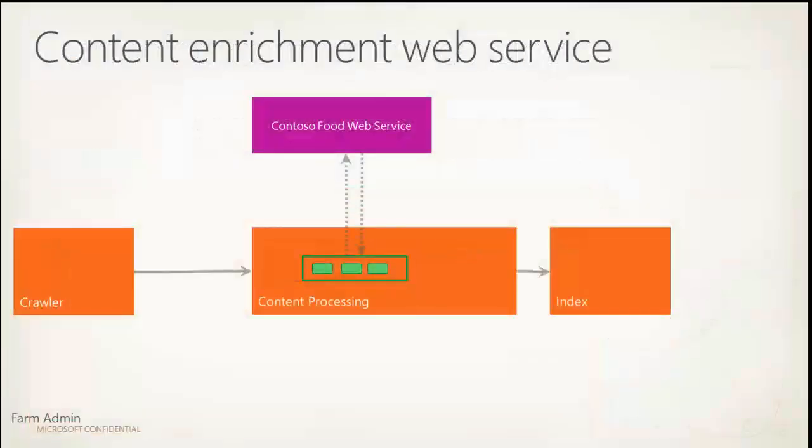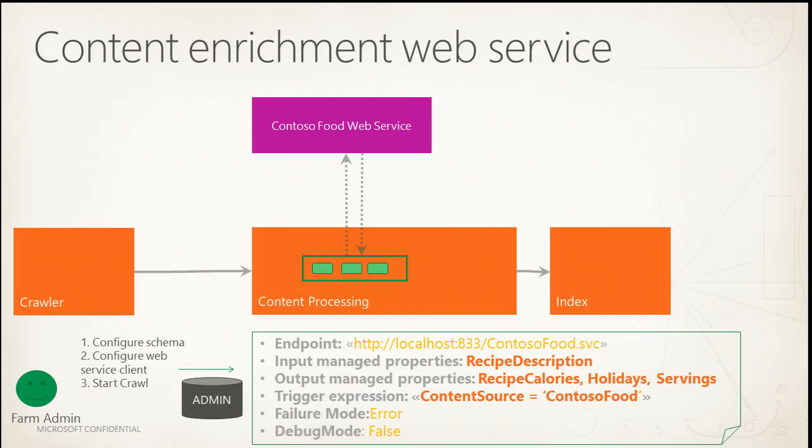So looking a little bit more at the workflow, like how you go about configuring this. This is the Contoso web service that Runar showed you. What you want to do in this scenario is first to configure your search schema, because the managed properties that the Contoso web service will output will need to be part of the search schema.